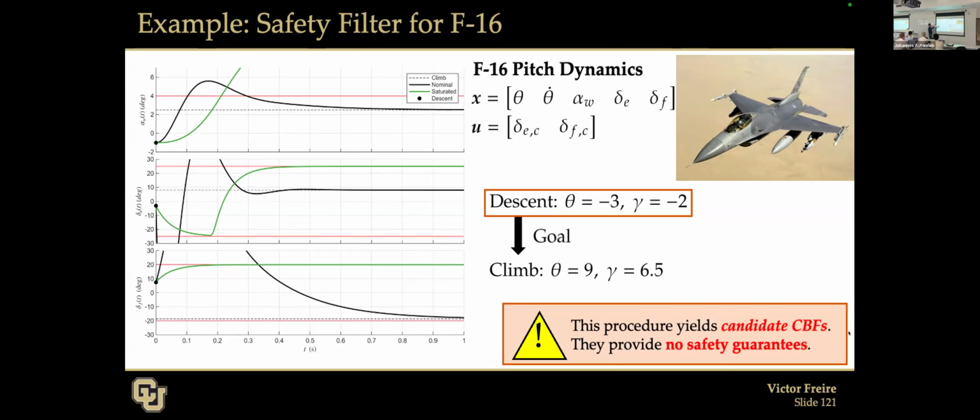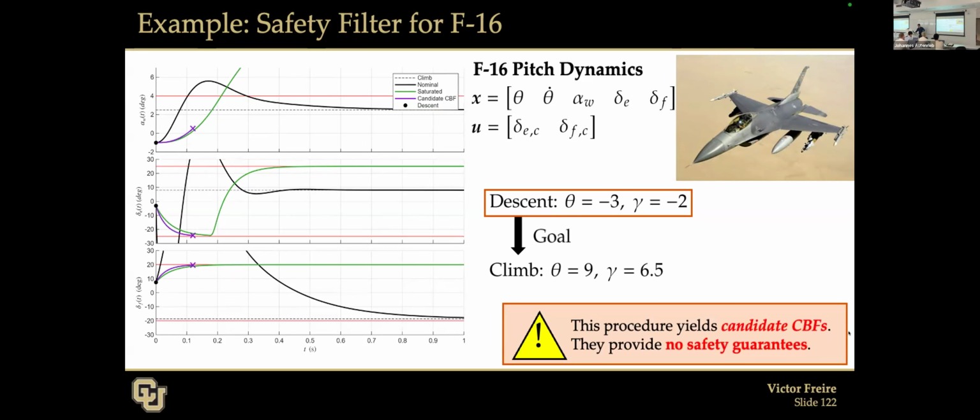The saturation respects the bounds, but doesn't do too good on the angle of attack as before. And if we enforce the same CBF safety filter that we had before, something bad happens. The approach fails. And by fails, I mean the optimization problem that we were solving to find the input becomes infeasible.